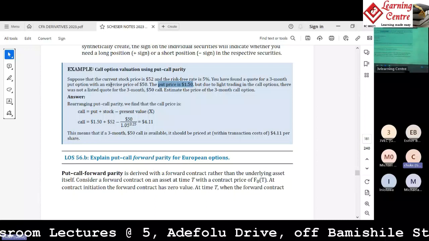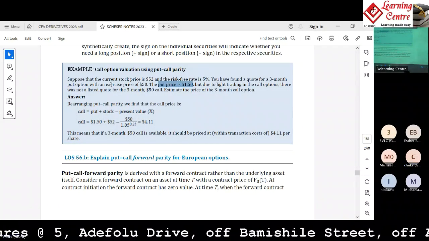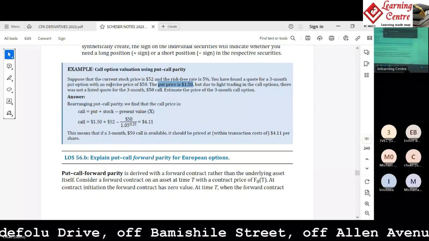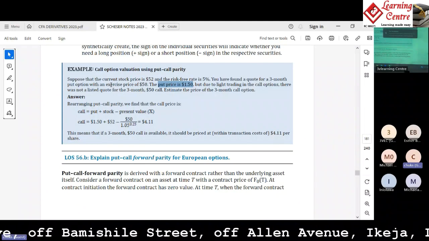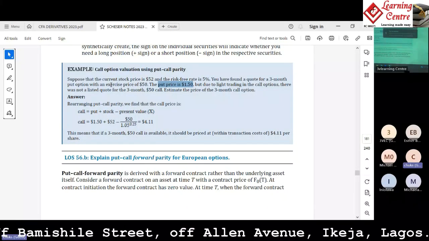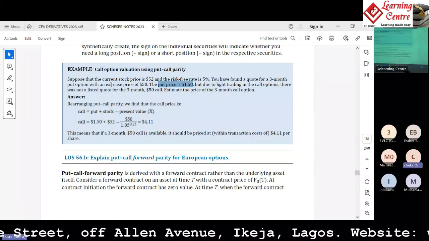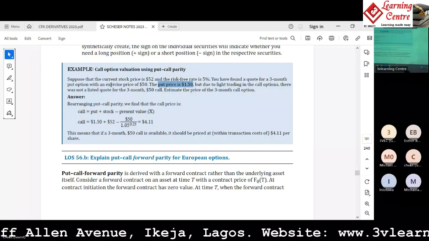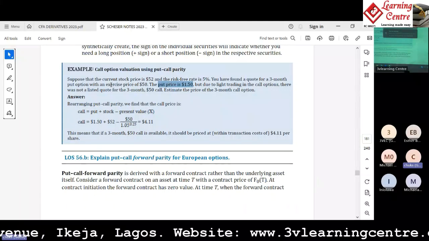So the formula, first of all, is the fiduciary call part, which is on the left, the call option plus the cash to be able to buy the exercise price, which is the exercise price discounted to today's price, future value divided by 1 plus r raised to power n.